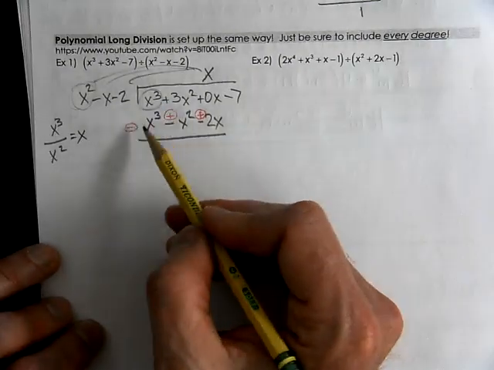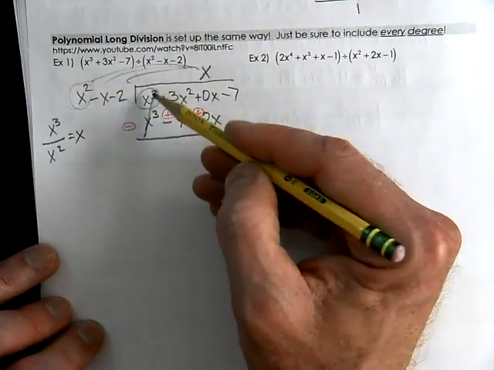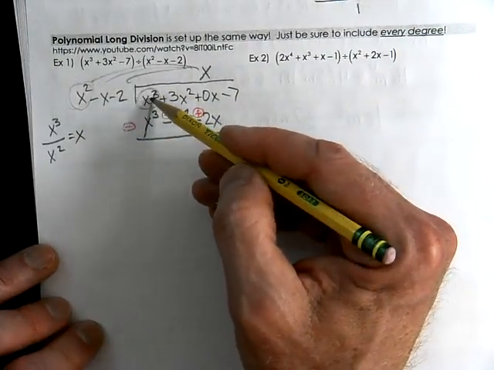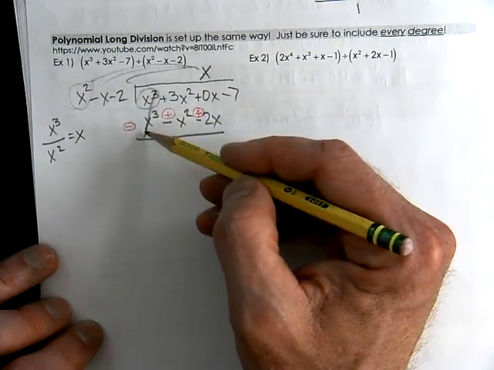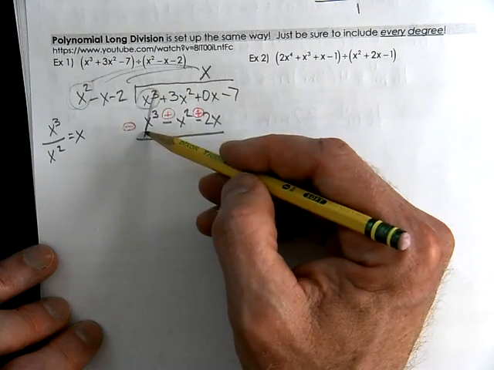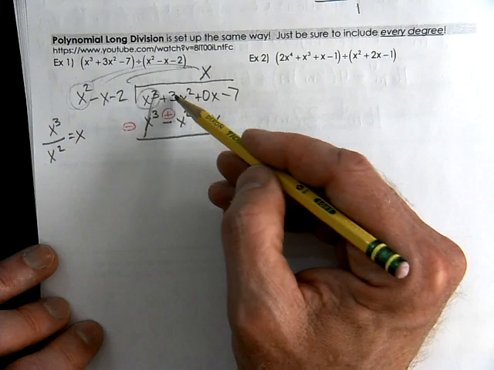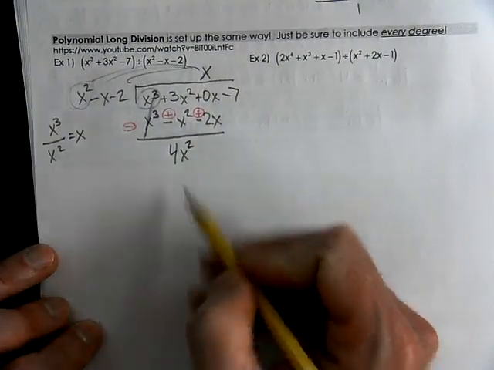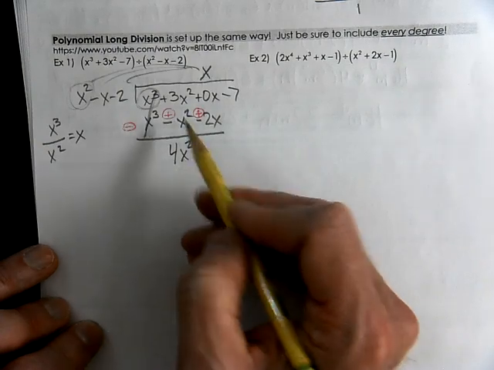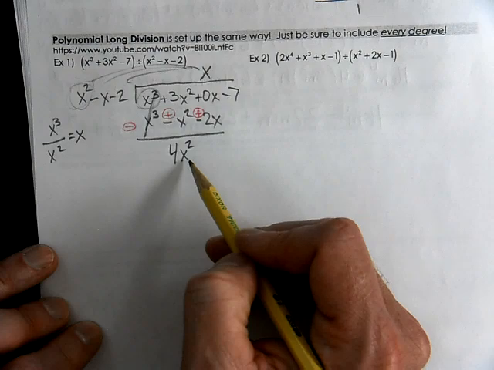And then we just group up our terms now. Collect our like terms. Those are going to cross out. You have positive x cubed and negative x cubed. That will always cross out every single time. This becomes 4x squared. Not x to the fourth, but 3 plus 1 is 4 of those x squareds.